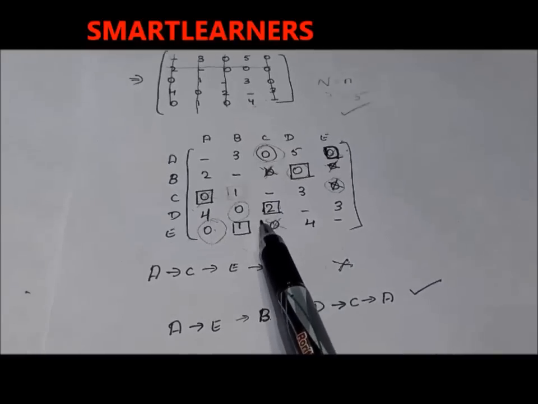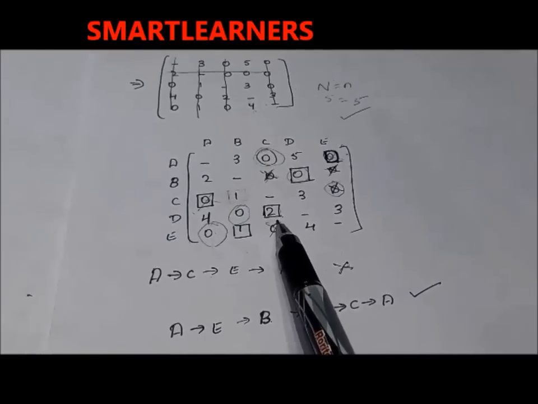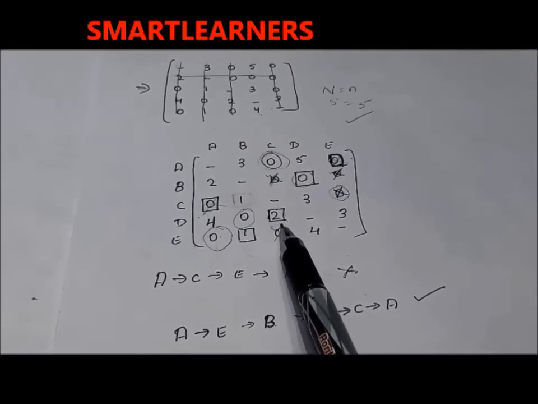So to avoid that, the next possible minimum element is 2. Select that 2.